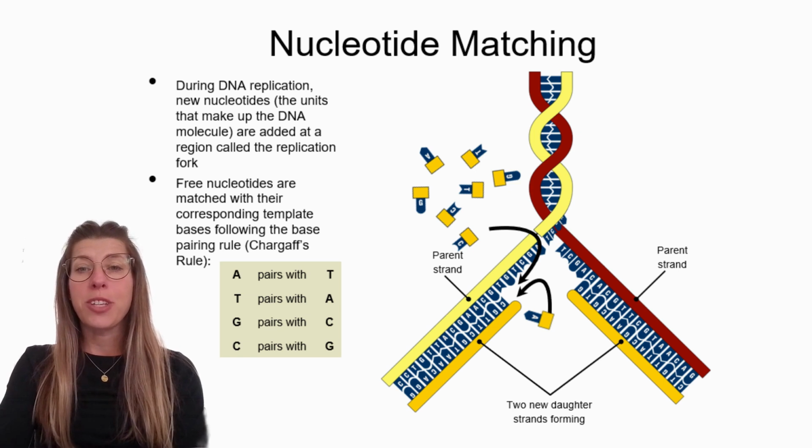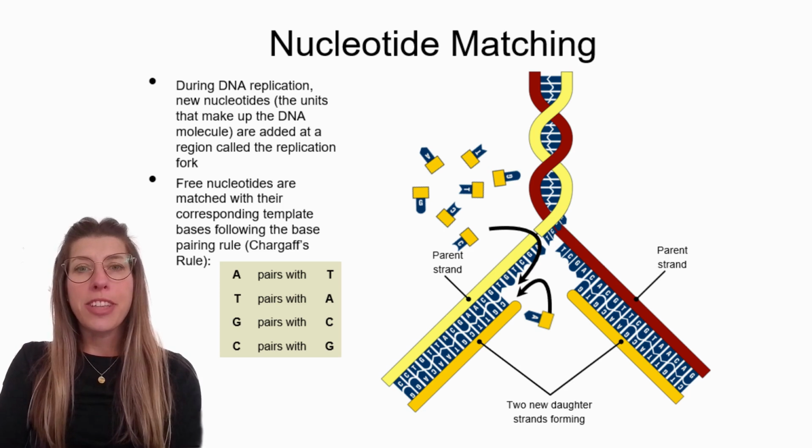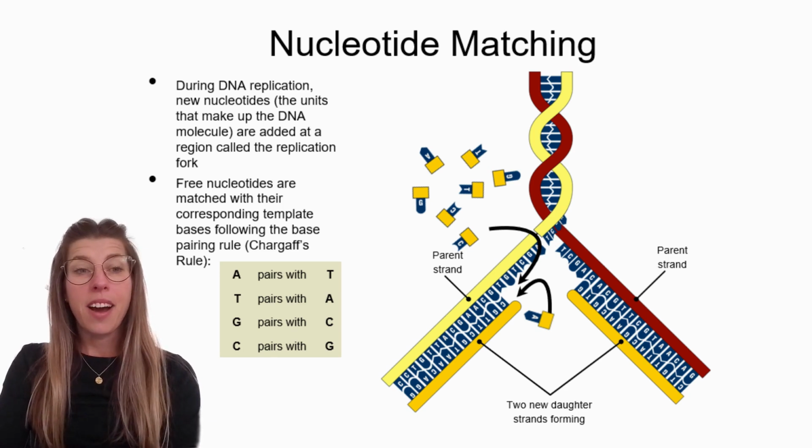Let's just reiterate nucleotide matching, as it is very important. During the DNA replication, new nucleotides are added at the region called the replication fork. I pointed that out before, but it's exactly where the 2 original strands start splitting apart there. That's called the replication fork.